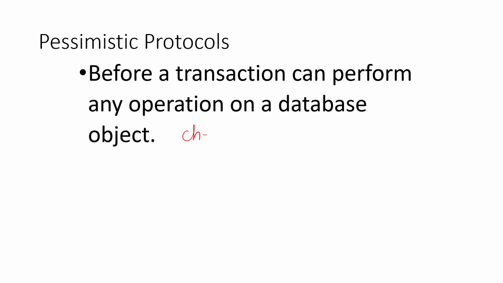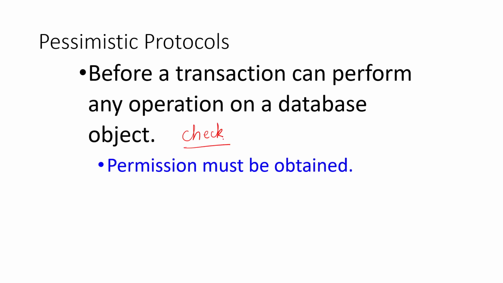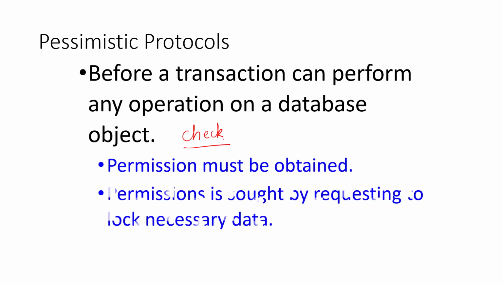So you basically check, and if you feel that there is a risk, you take appropriate action. In a pessimistic protocol, before you do anything, you explicitly seek permission. In the sense, you run a small algorithm which checks if there will be problems or not. Right? What kind of problems? Conflicts.